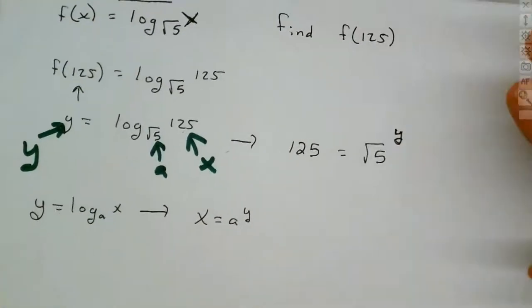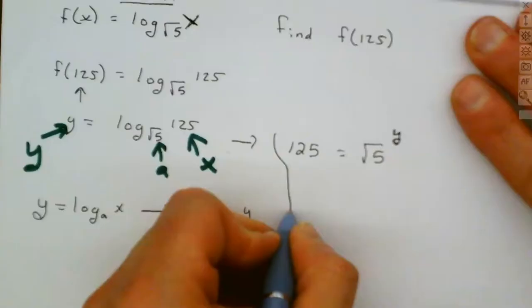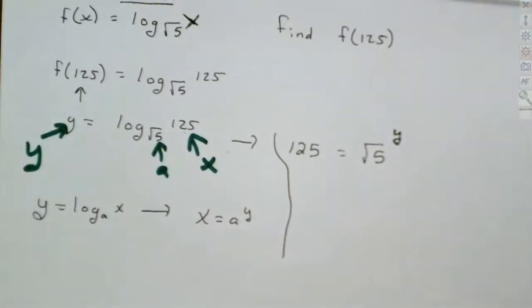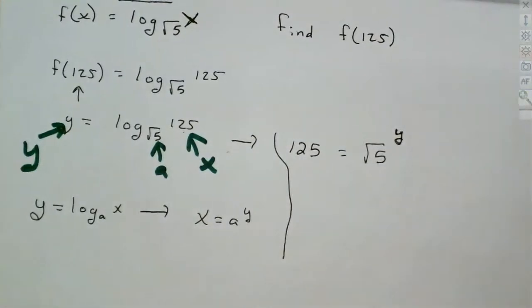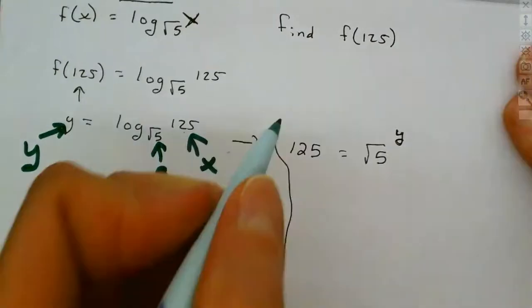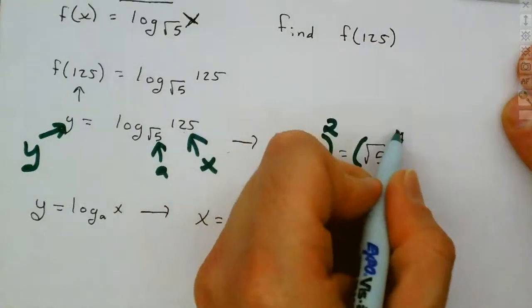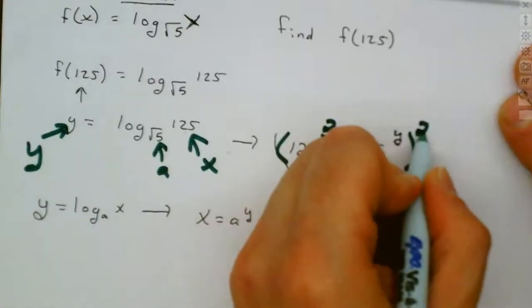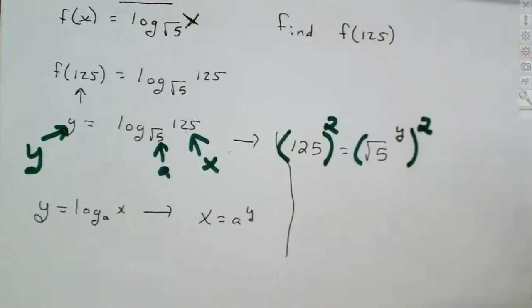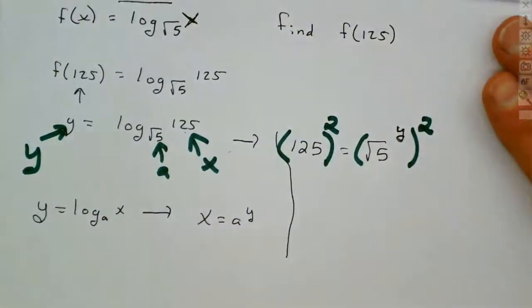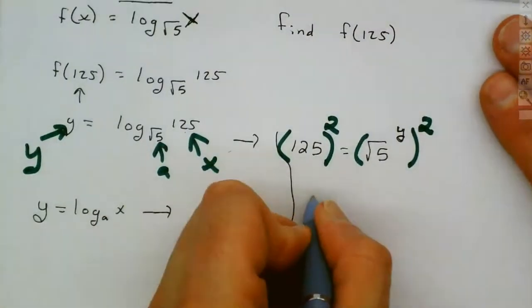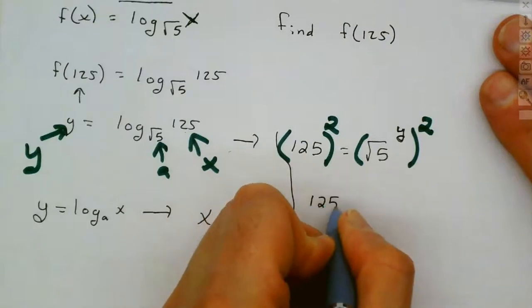You're going to get the same result either way. I'm probably going to get rid of the squares. So I'm going to probably square both sides, and that'll get rid of my square root. Because remember, what happens when you square a square root? It goes away.